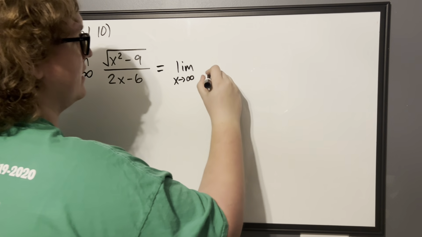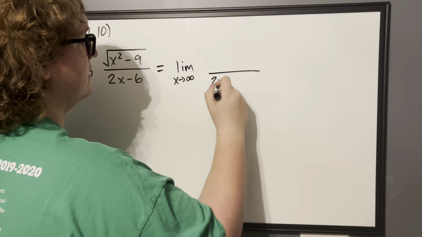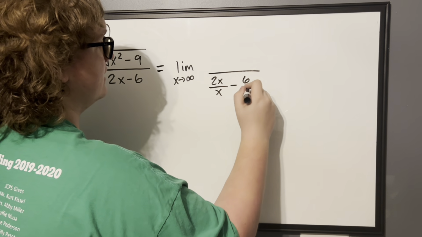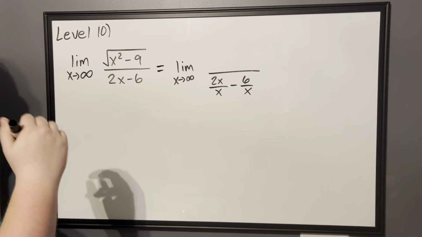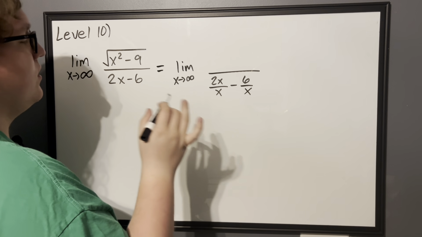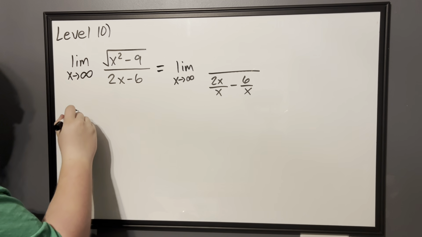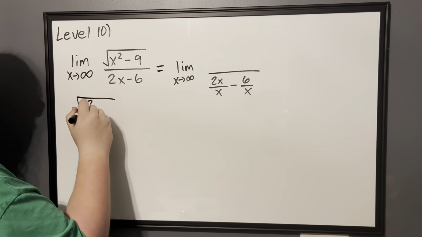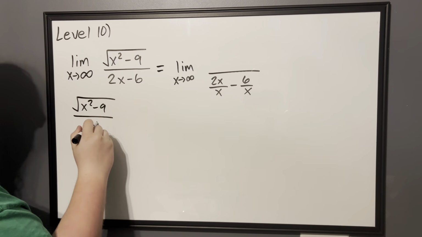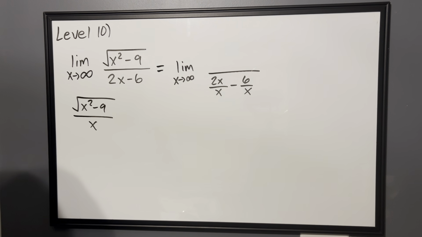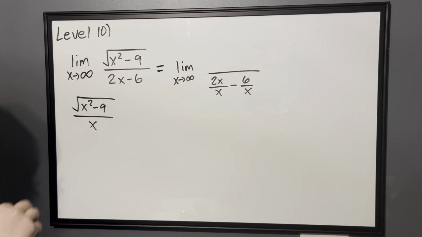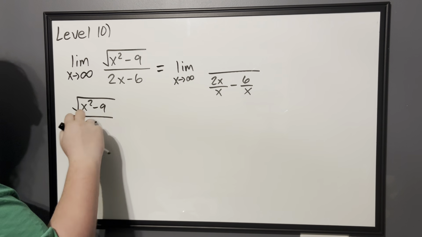In the bottom, it's pretty clear, right? We're going to have 2x over x minus 6 over x. Now in the top, if we want to divide the square root of x squared minus 9 by x, we're able to square this x and pull it inside.